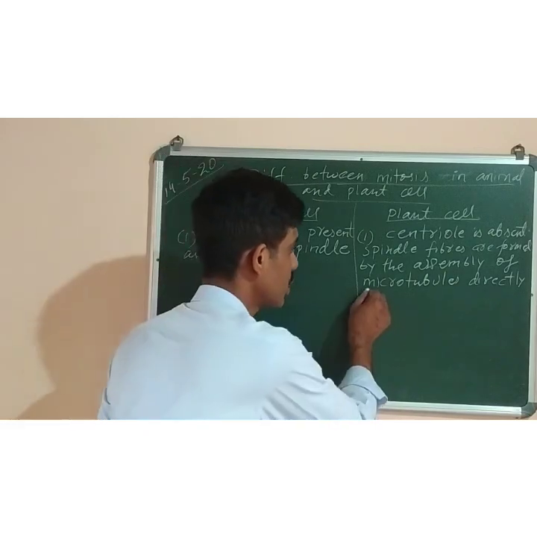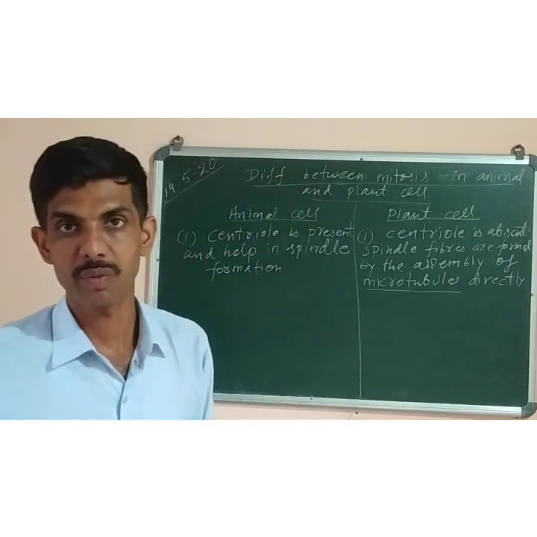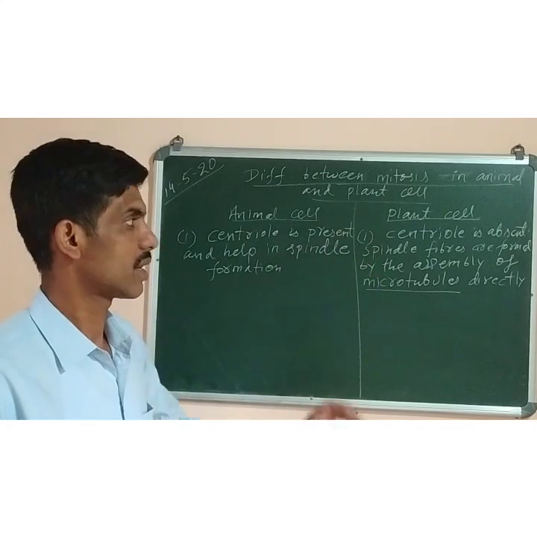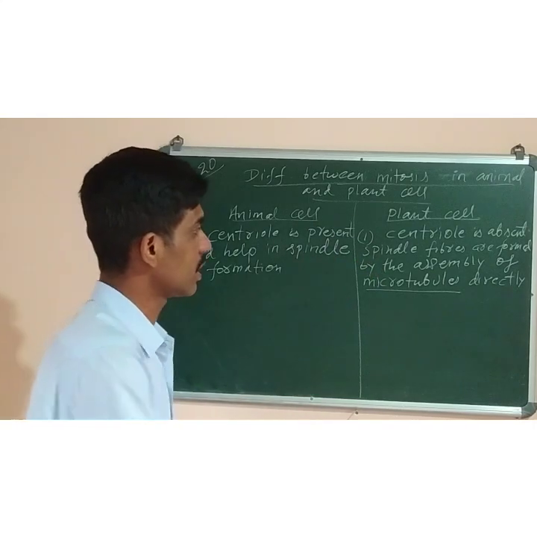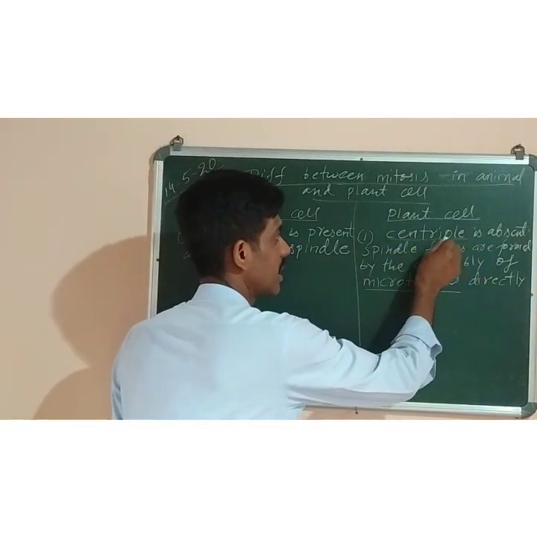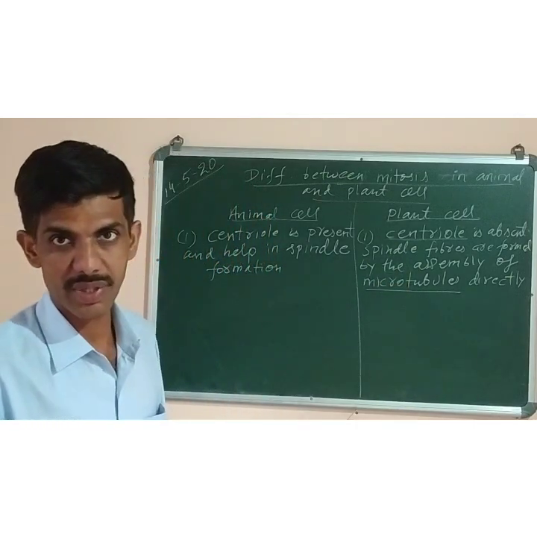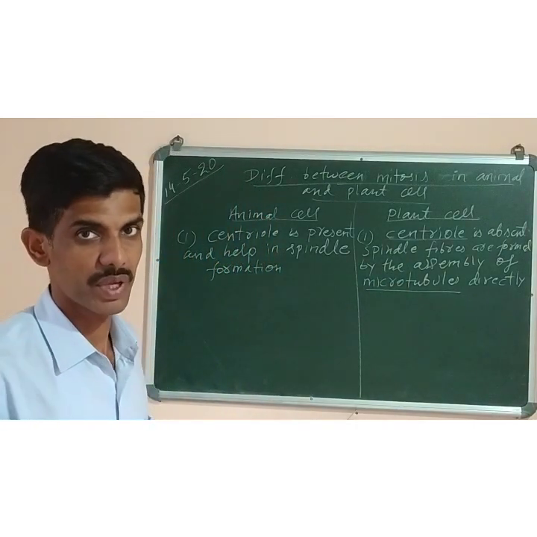Means it is the microtubules which result in the formation of these spindle fibers. There is no centriole. In plant cell there is no centriole because centrosome is absent, so centrioles are also missing.